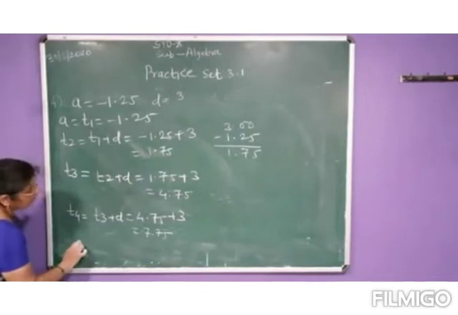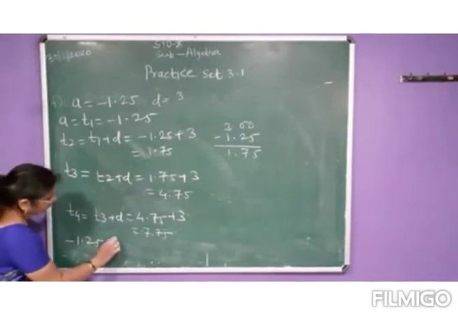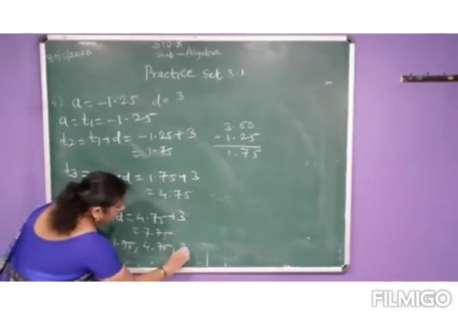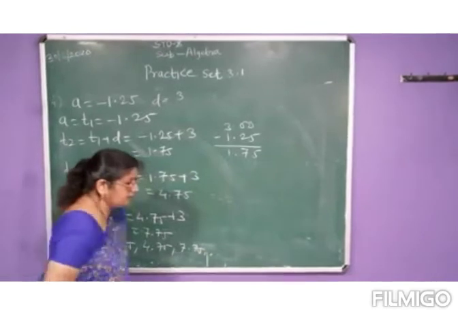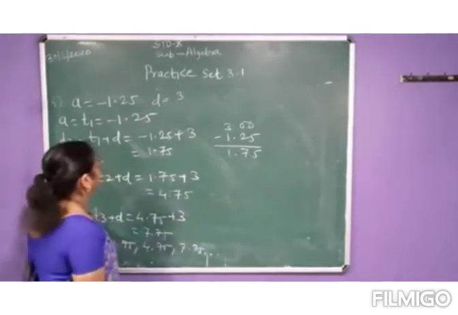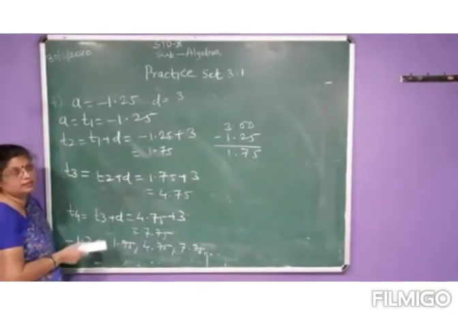So you can write the AP as minus 1.25, 1.75, 4.75, 7.75 is the given AP. See, this is a little different question, but it is easy.